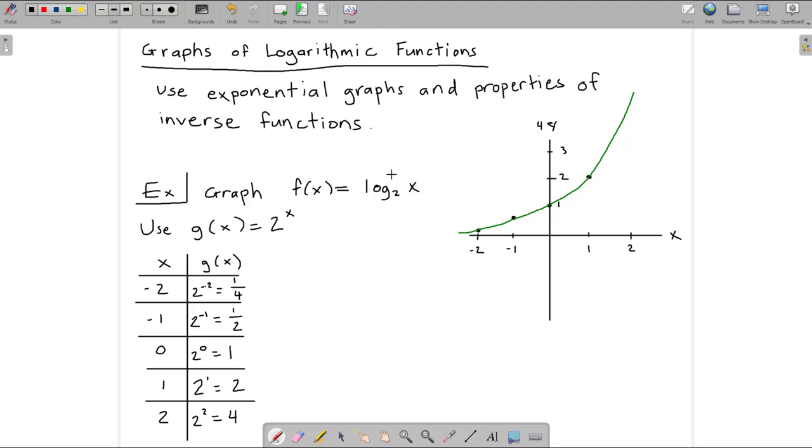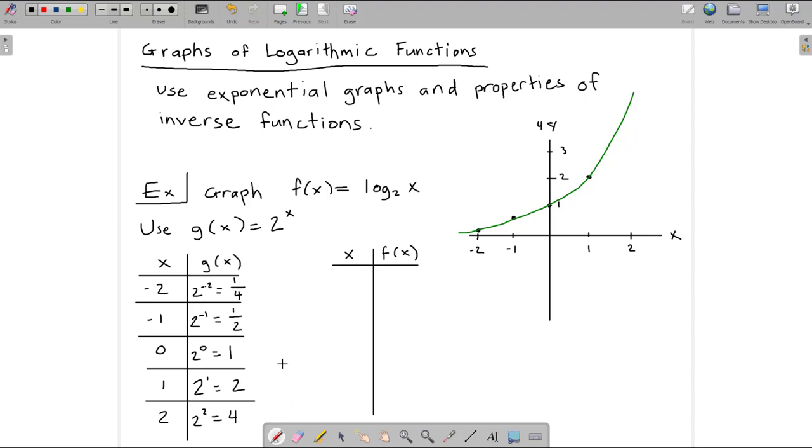The next thing to do is remember that log base 2 of x and 2 to the x are actually inverses of each other. So if I have a table of values for one of my functions and I want the table of values for the inverse function, all I have to do is swap the x and g of x values, and that gives me a table of values for my f of x, this log base 2 of x.